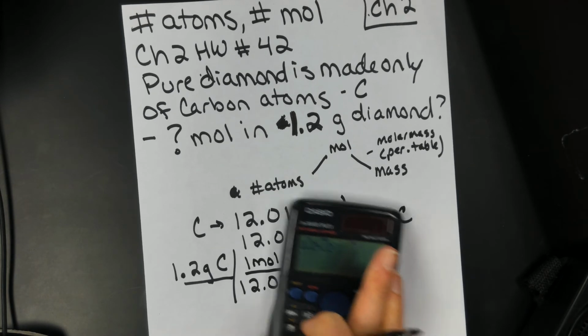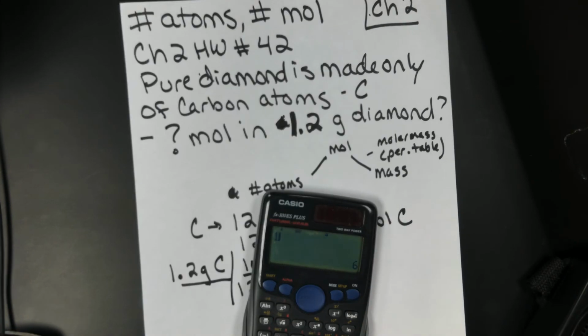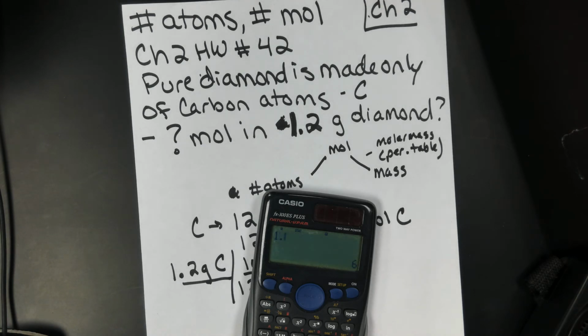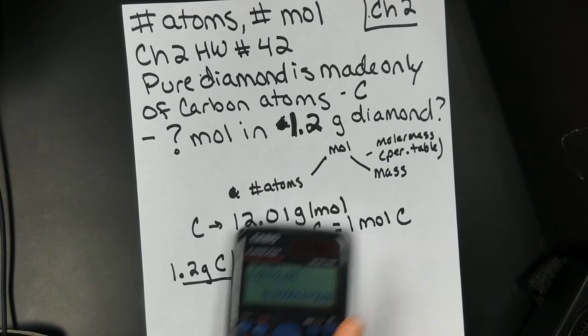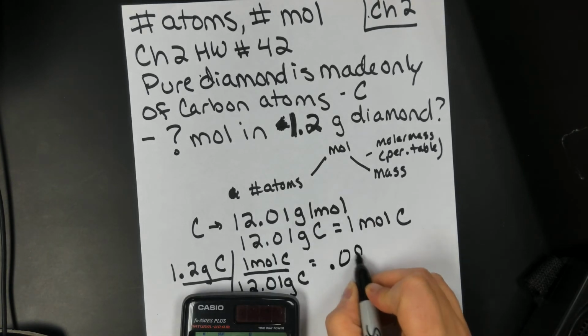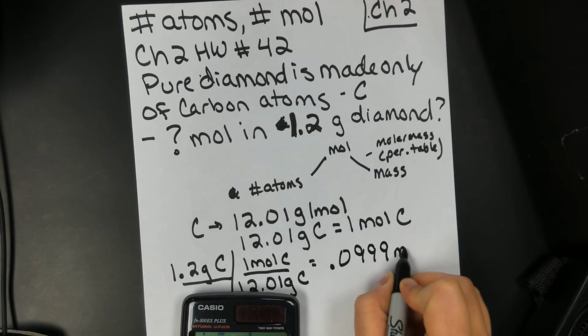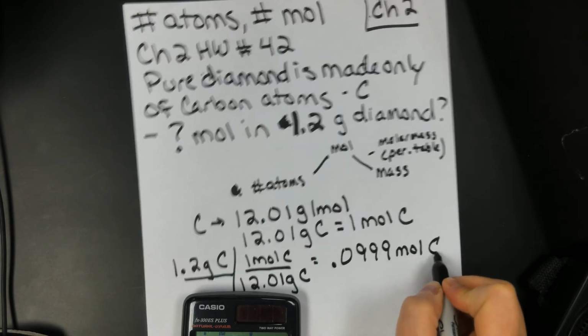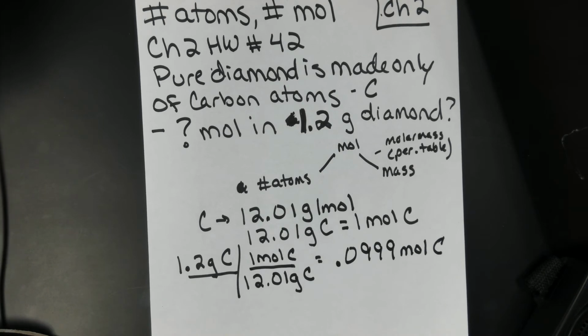Multiply the whole top, divide by the whole bottom, so it's 1.2 divided by 12.01, and I get 0.0999 moles of carbon. So that's for part A.